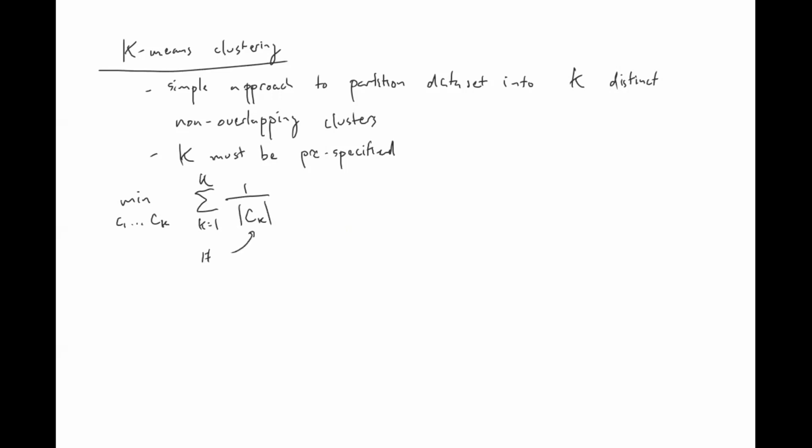This is the number of observations in the kth cluster times the sum over i, i prime element of Ck, sum j equals 1 to p of (xij minus xi'j) squared.